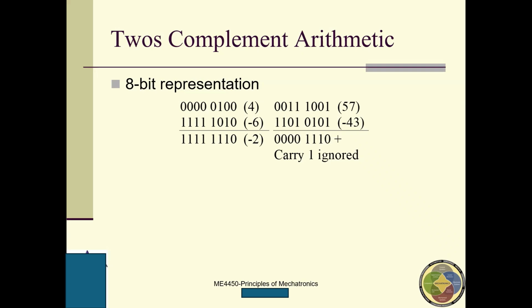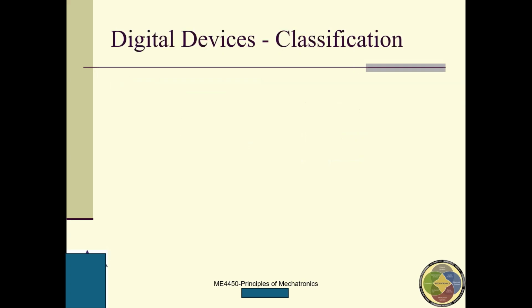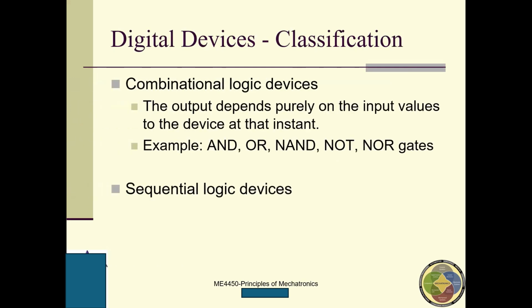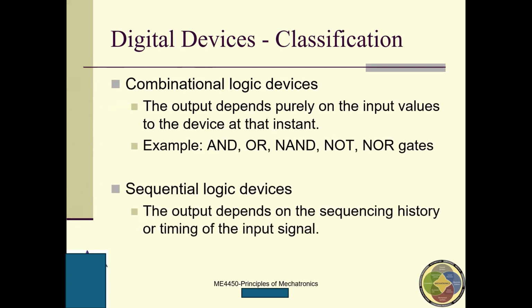Okay, so then we talk about the next topic, the digital devices. Here are 2 different kinds of digital devices. First one is the combinational logic device, and second one is the sequential logic device.